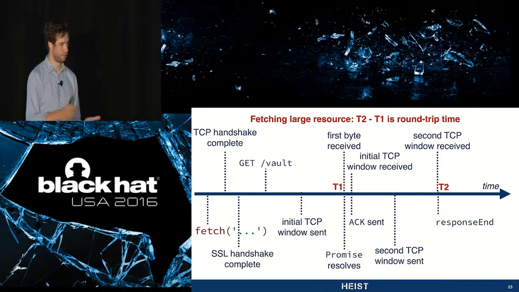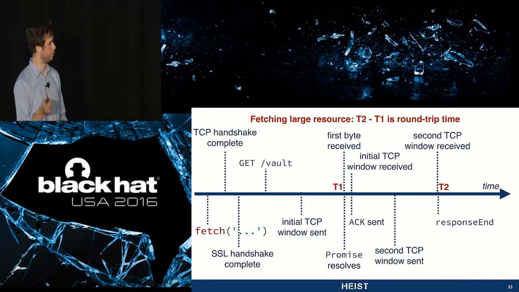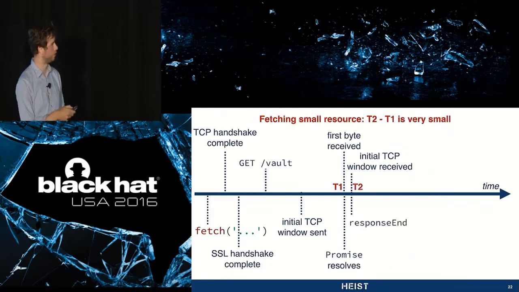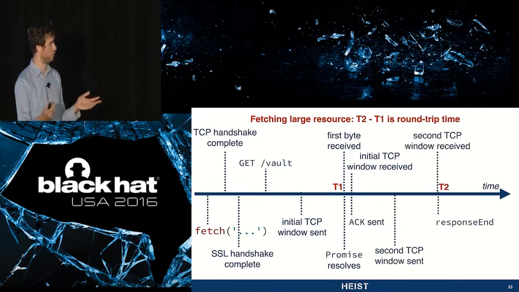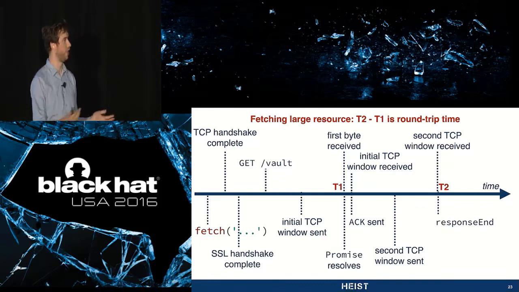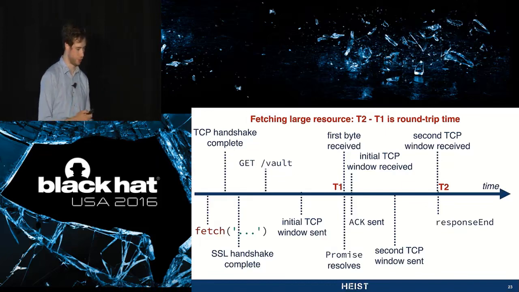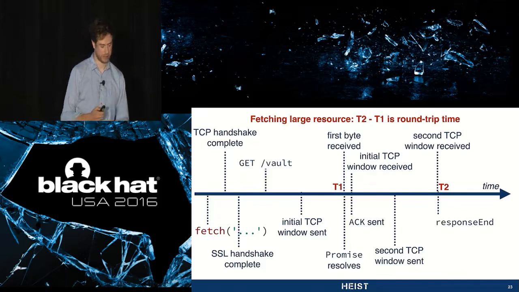And then it takes more time for the complete response to be received by the client. So if we compare the difference between T2 and T1 for a small resource compared to a large resource, we can see that the difference is significantly higher for a large resource, and it's actually a round-trip time extra for a larger resource that required multiple TCP windows.